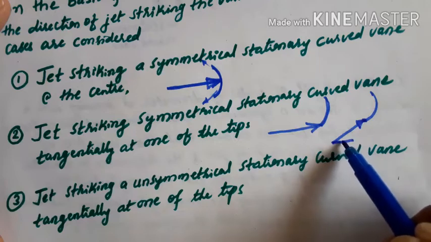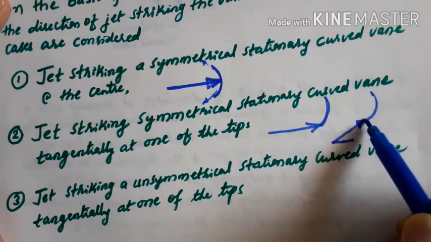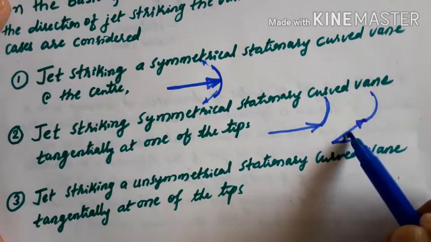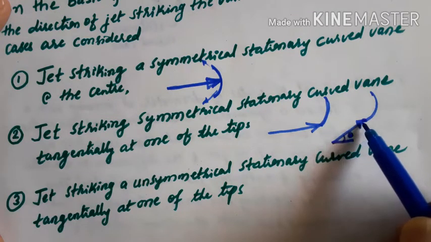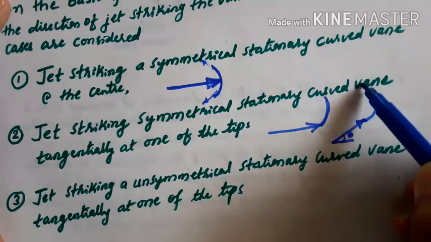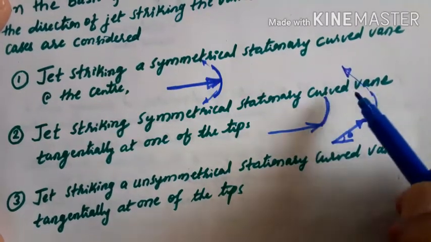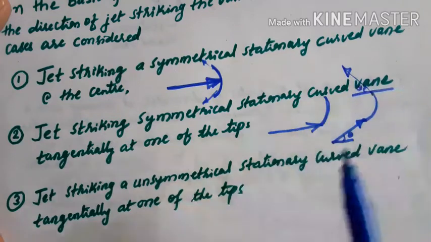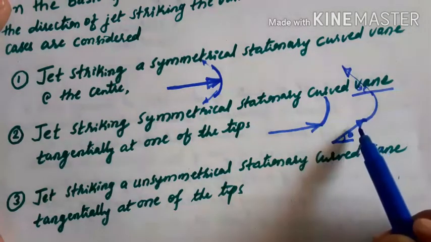Whatever the angle with which the jet enters the curved vane, say this is theta, with the same angle it exits. If you take the angle here, this is also theta. So this is called the symmetrical case.